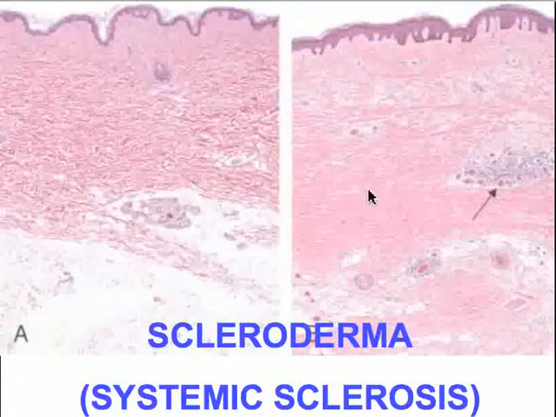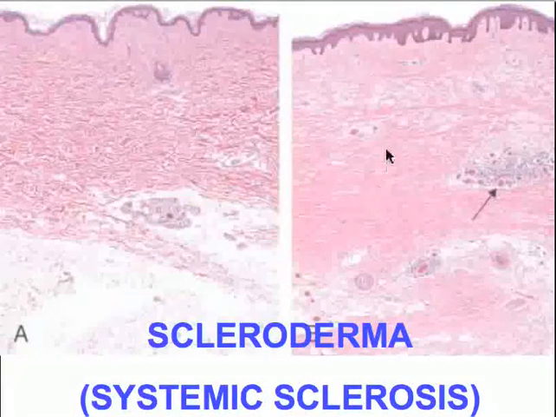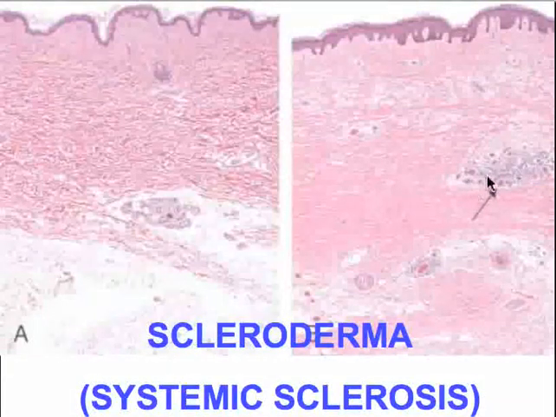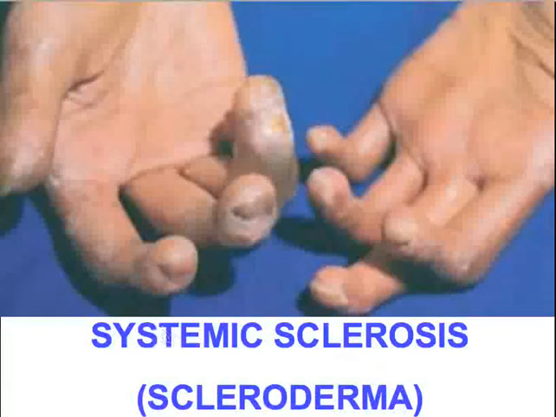You have more dense fibrosis and less of a differentiation between the more delicate papillary dermis and the denser reticular dermis. Here you can see some fibrosis and chronic inflammation in some of the sweat glands underneath the skin. It may result as a skin picture looking very much like this. This is a severe case, but don't forget this is a systemic disease.